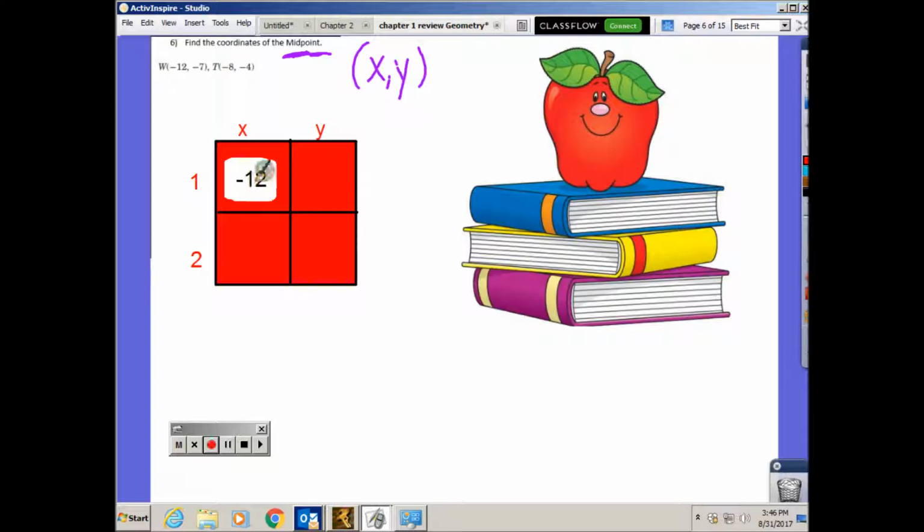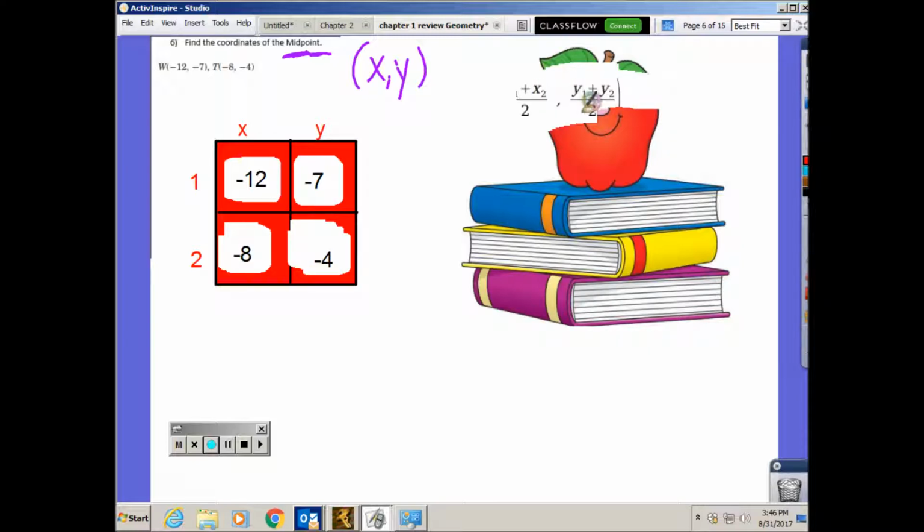The first ordered pair is negative 12, negative 7, and the second ordered pair is negative 8, negative 4. Here I have the midpoint formula. Remember, finding the midpoint means I have a line segment with one endpoint at negative 12, negative 7 on a coordinate grid and the other at negative 8, negative 4. I want to know what's in the middle.